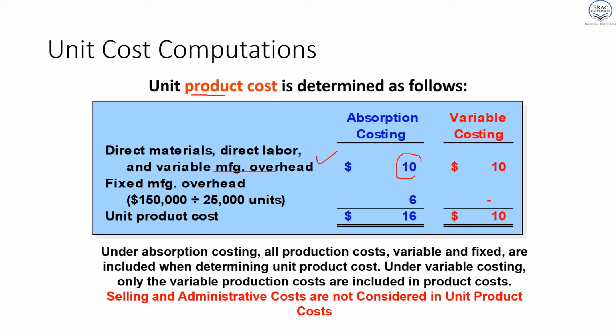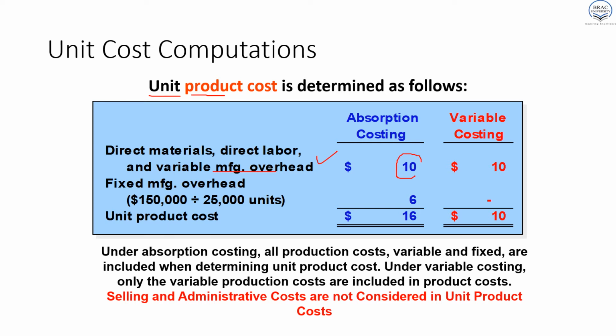Now this $10 is per unit, so we have to figure out the per unit amount of fixed manufacturing overhead, because what we are calculating is unit product cost, that means production cost per unit. If you take any whole figure, the whole calculation will be wrong, because you would be calculating the total product cost, not the unit product cost. So we have to make sure that everything is converted to a unit basis.